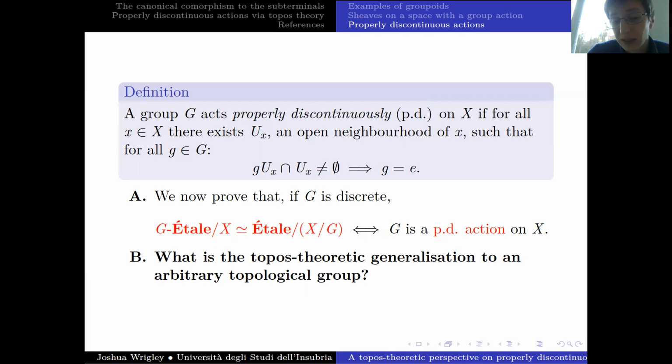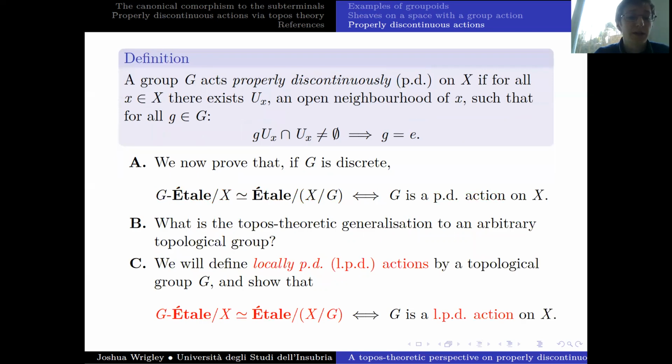And that means that we've established a correspondence between properly discontinuous actions and a topos-theoretic invariant of a particular topos, that is, the topos is localic. And so we can ask ourselves what the topos theorist's generalization to a topological group should be, given such a correspondence for discrete groups.